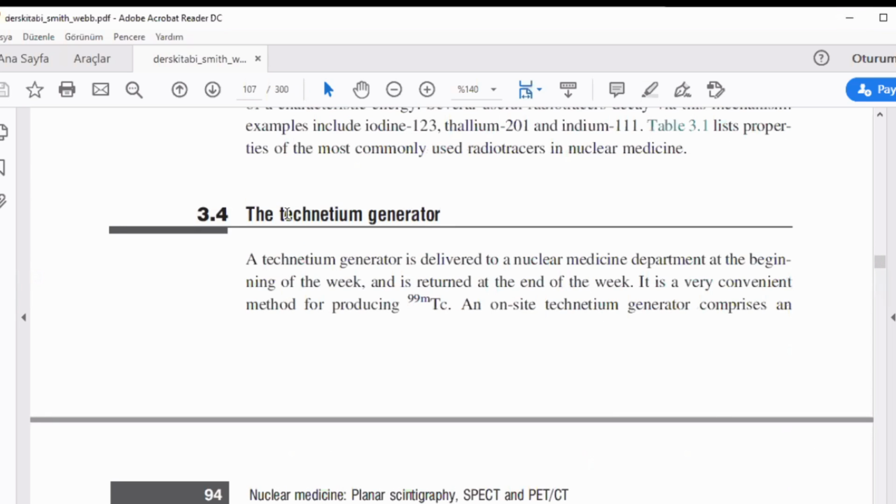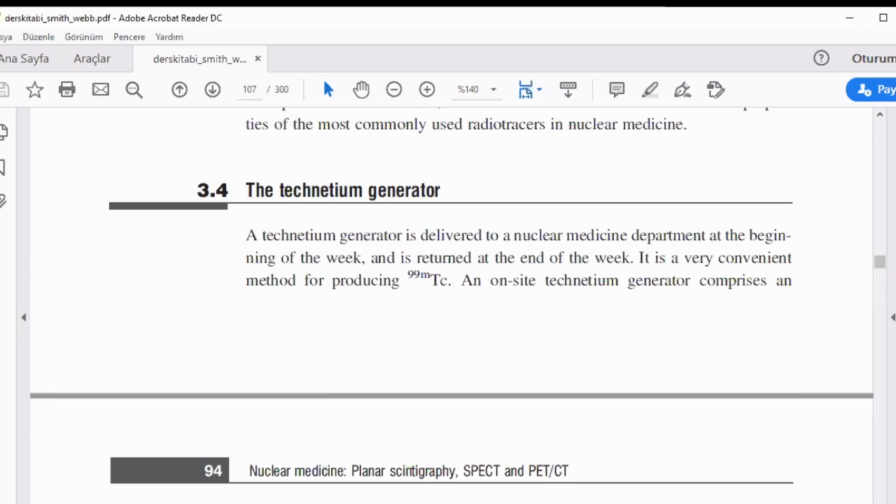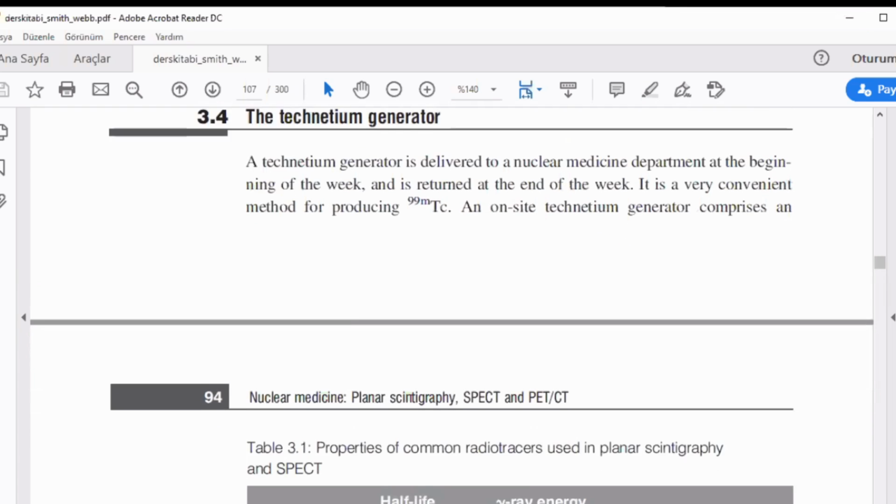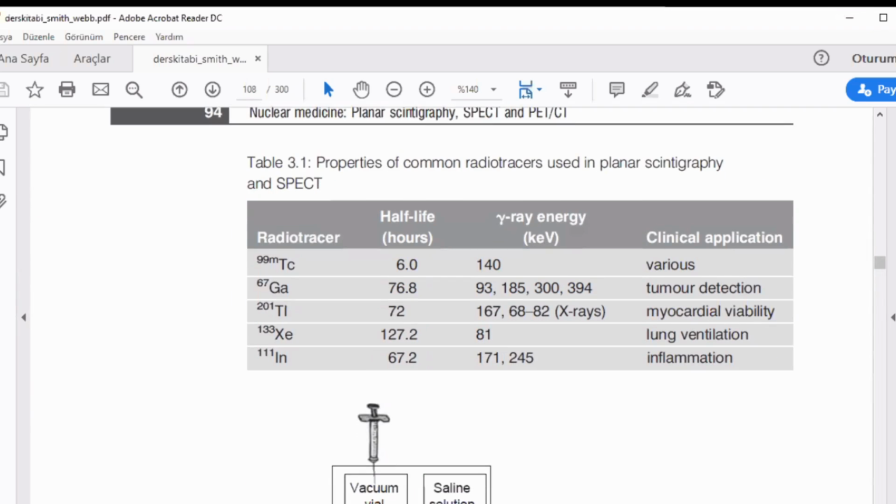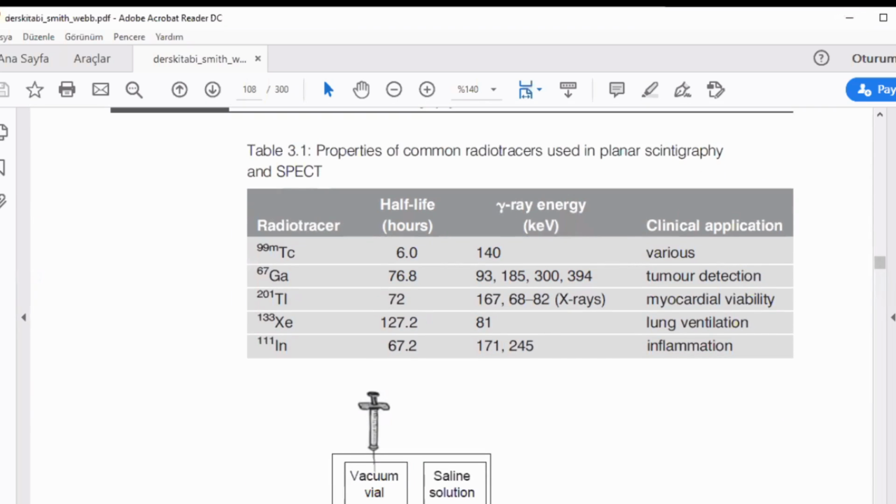A technetium generator is the instrument that produces technetium at some other industrial factory. Okay, so technetium is generated over there with very tightly controlled procedures. Then they are packed into, let's say, boxes and transferred to the hospitals or investigation or imaging environments.